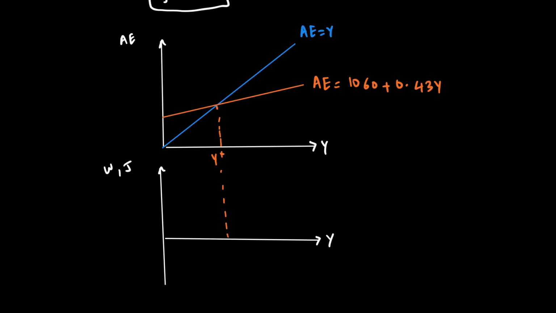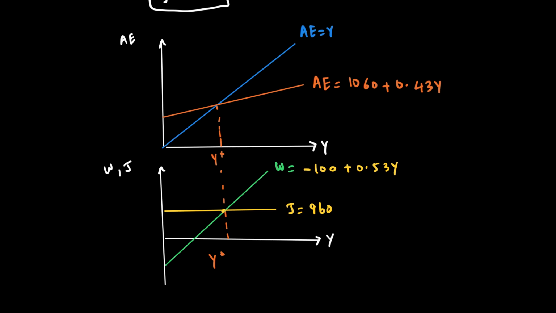Now this Y star corresponds to this Y star here as well, where my withdrawal function must meet my injection function, something like this. And I get my injection to be 960, withdrawal to be minus 100 plus 0.53Y. So wherever W is equal to J happens, that's when AE is equal to Y in the upper diagram.